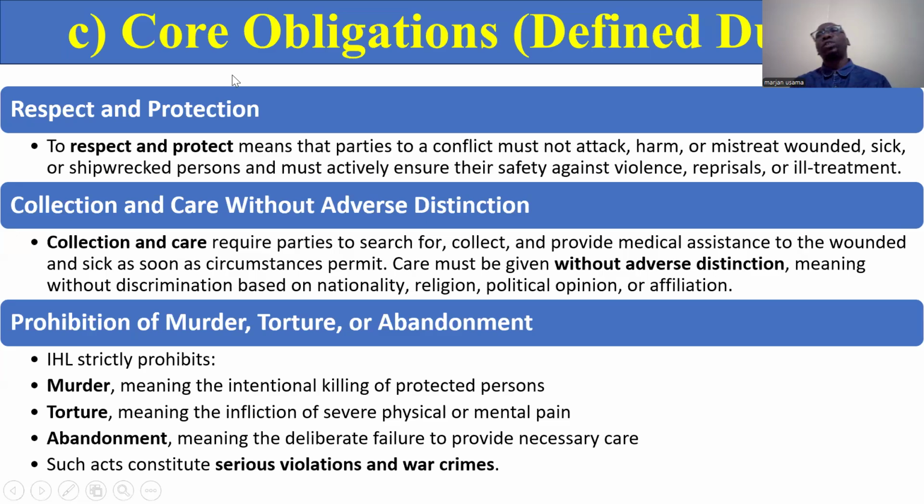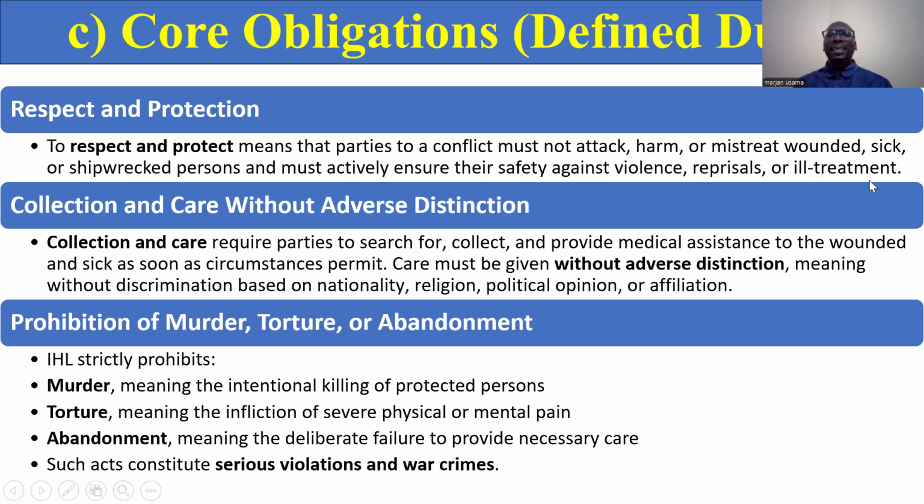Now, the core obligation is also defined. Exactly the nature of protection, what should be done. So the respect and protection. To respect and protect means that parties to a conflict must not attack, harm, or mistreat wounded, sick, or shipwrecked persons, and must actively ensure their safety against violence, reprisal, or ill treatment.